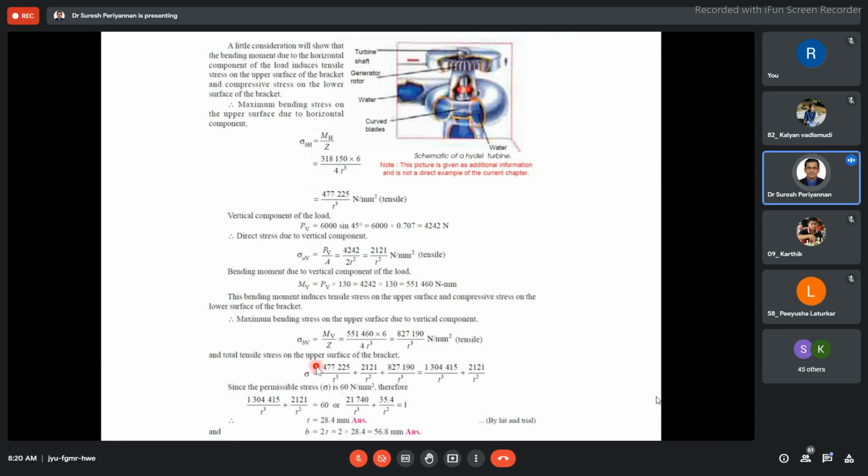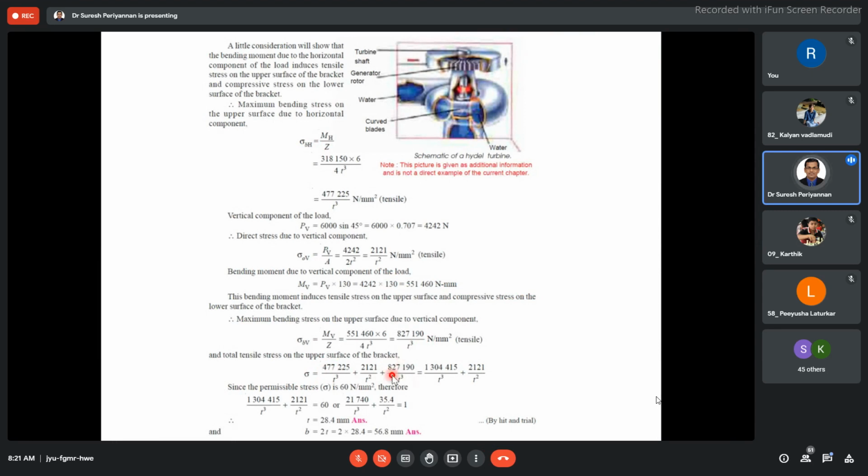The first is with respect to the horizontal bending moment. The second is the direct tensile stress. The third is the bending tensile stress with respect to the vertical bending moment.